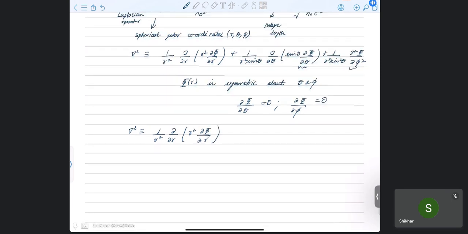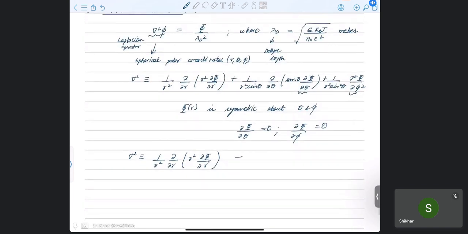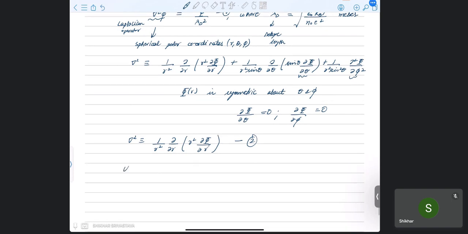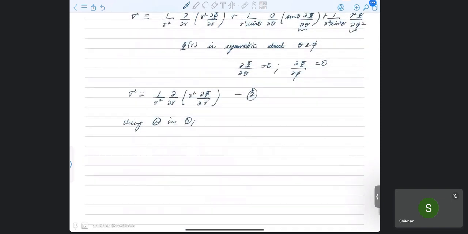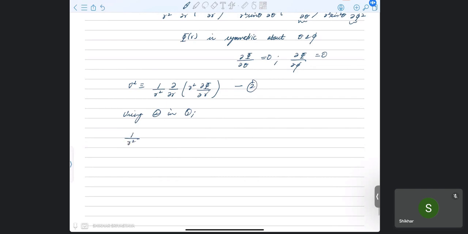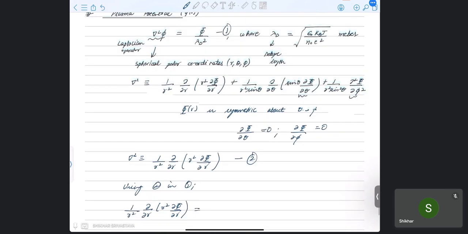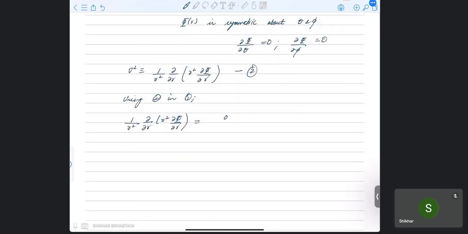Using 2 in 1, we get 1 upon r square del by del r of r square del phi by del r is equal to phi upon lambda D square. This is equation 3.